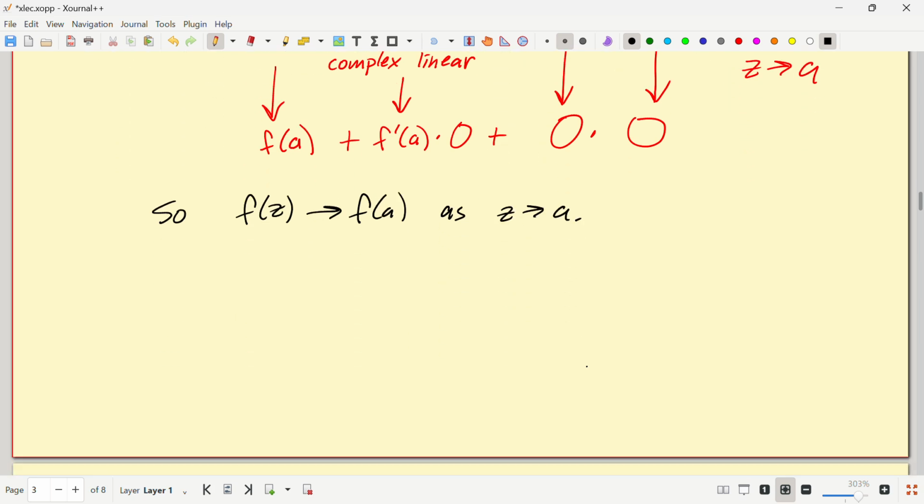Okay, now I can finally do something that feels new. The Cauchy-Riemann equations, subject of the day.